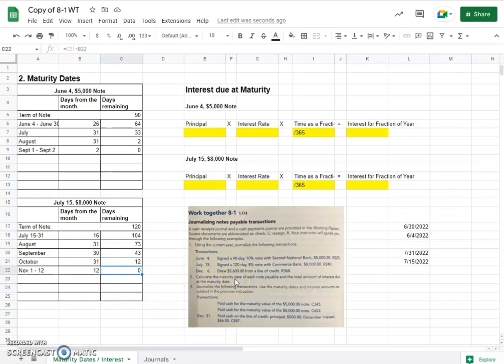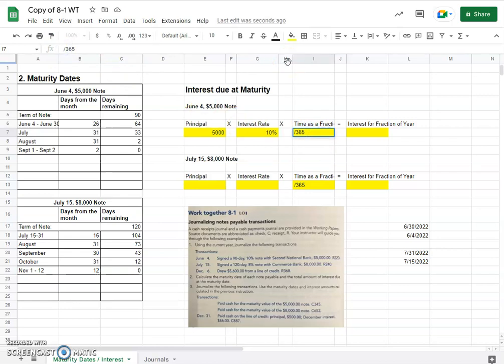So we figured out the maturity date, but now we've got to figure out our interest due at the maturity, right? So in this first one, we have $5,000 principal. That's the original amount of the note. And the interest rate was a 10% note, is what the book told us here. And the time as a fraction of a year. So it's out of 365 days in our book.